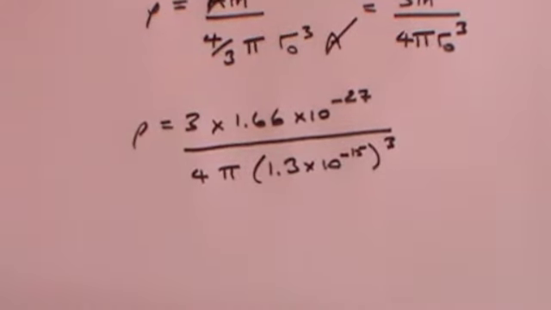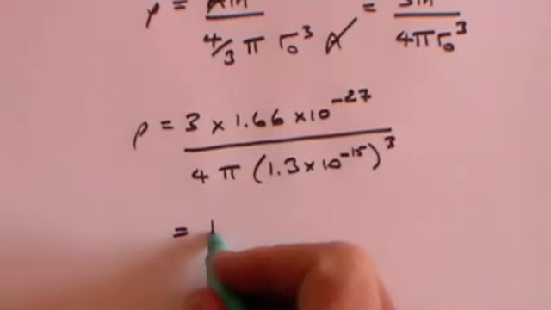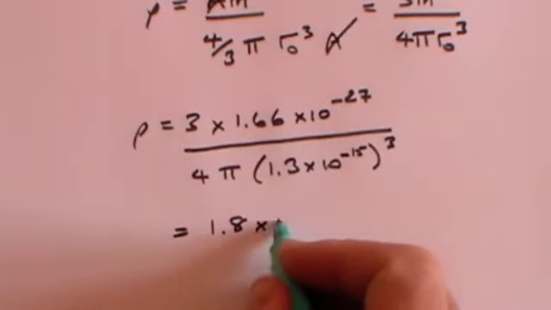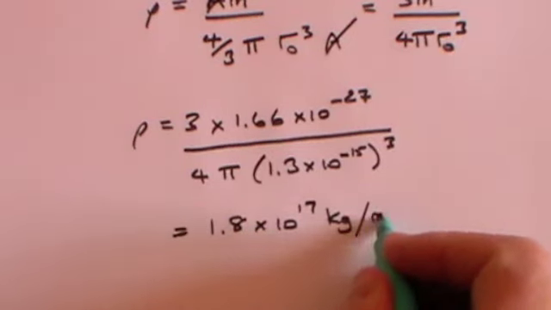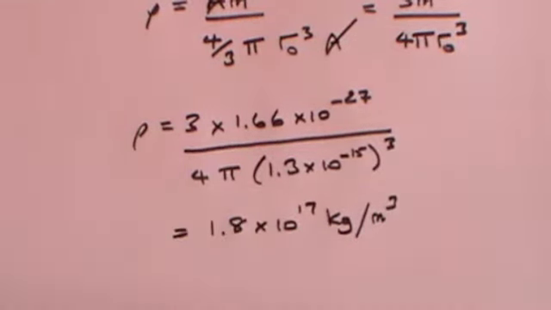When you work that out, you'll find that that equals 1.8 times 10 to the 17 kilograms per meter cubed.